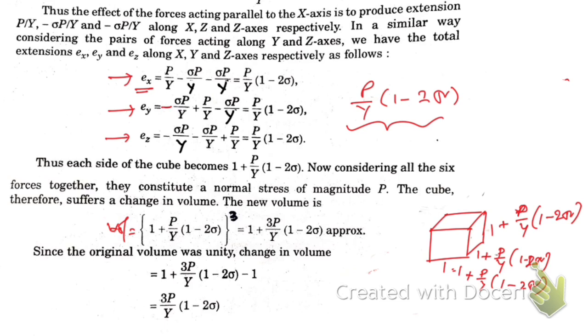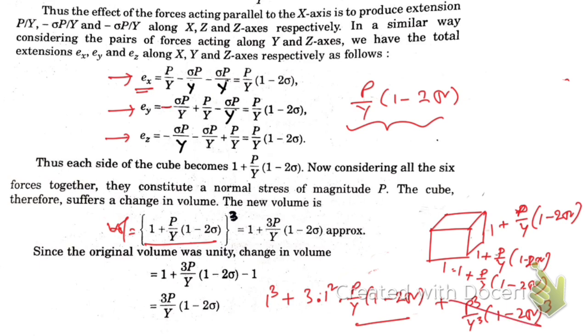Applying the a plus b whole cube formula, that will be a cube plus 3 a square, that is 1 square, into P by Y into 1 minus 2 sigma, then plus the cube term, P cube by Y cube into 1 minus 2 sigma whole cube. So we have neglected this, right? Hope you have understood this.